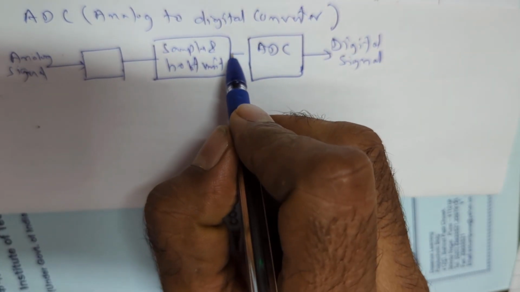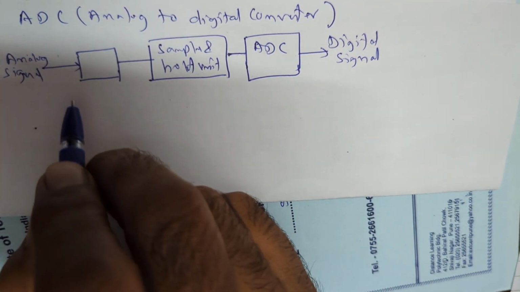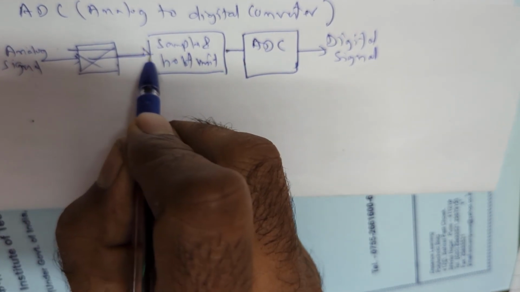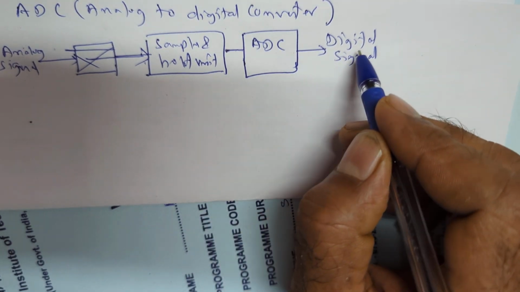Now let us see the conversion process. This is the sample and hold unit, and this is ADC. The output is digital signal.